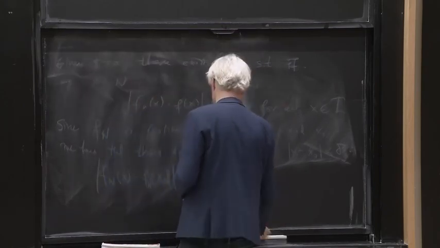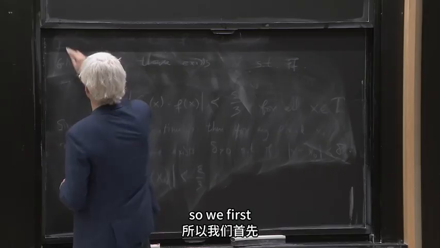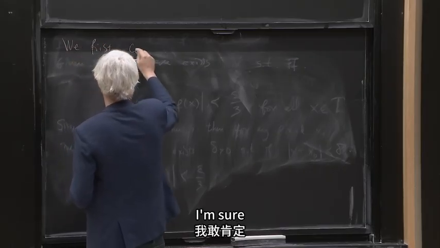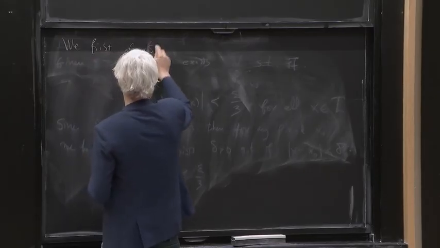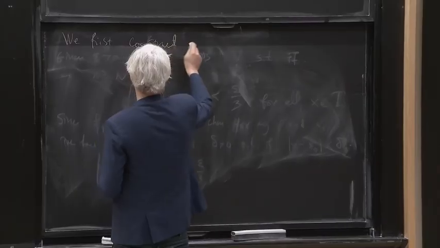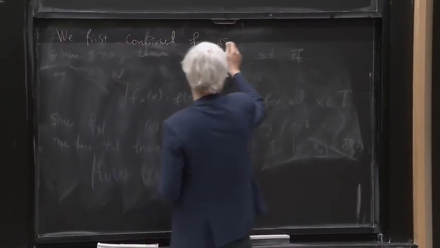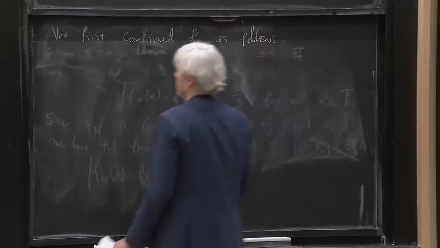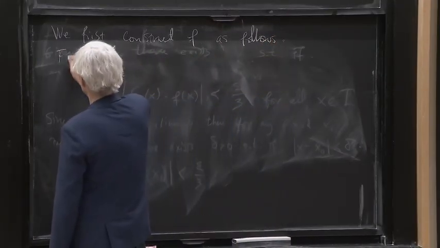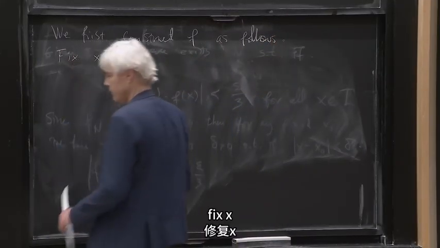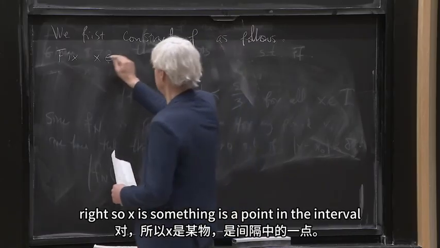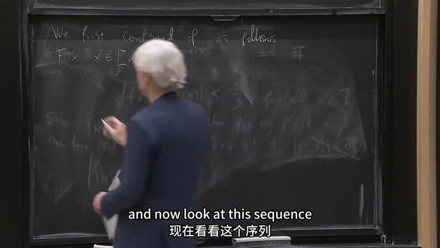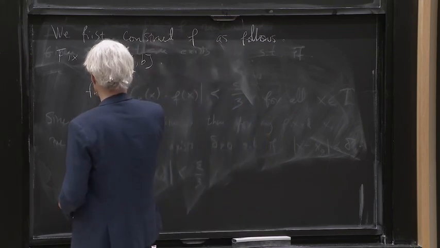So we first construct f as follows. Well, if you fix x, so x is a point in the interval, and now look at this sequence Fn.